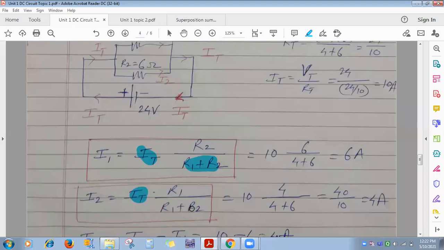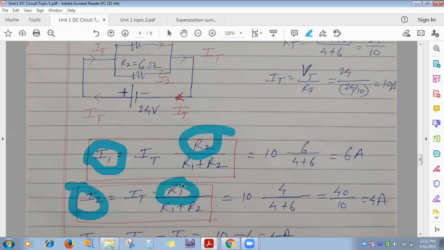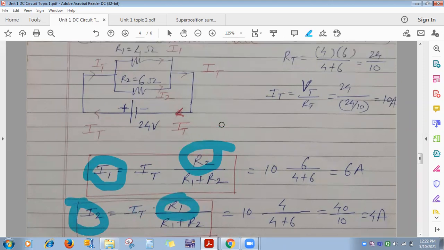That parameter is the same. Only, whenever you want to find I1, it is flowing through R1, and parallel to it is R2. The same is the thing for I2. Okay, so using this also you can find the current flowing through each resistance. Sometimes it becomes easy to find the current if you apply current division.